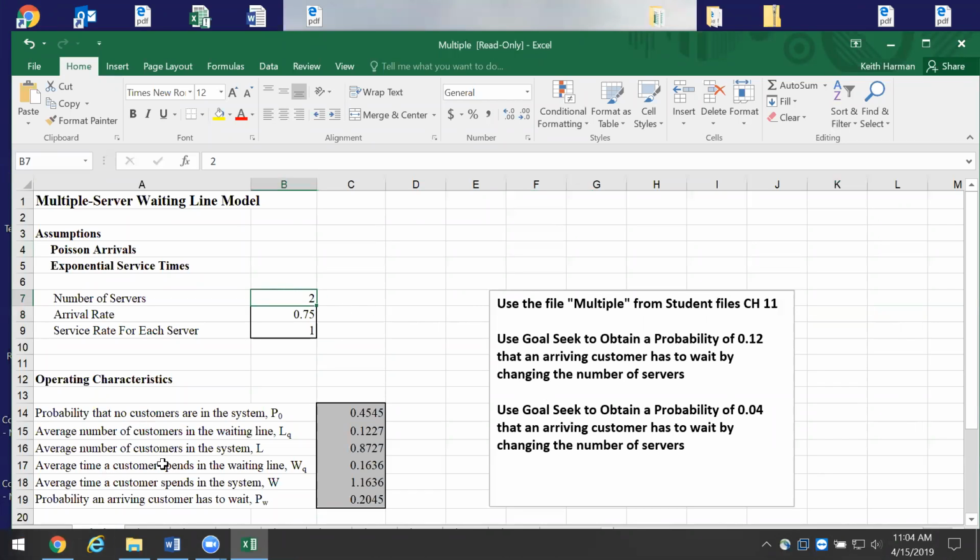We have this down here in cell C19. What I like to do sometimes, just to make sure I'm on the straight and narrow, is note the number of servers. For my own sake, I'll even put it in the cell. It's B2.